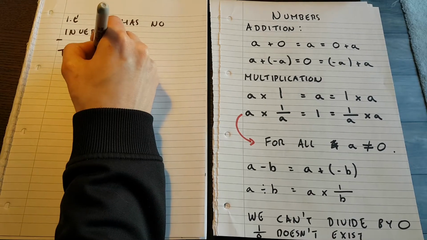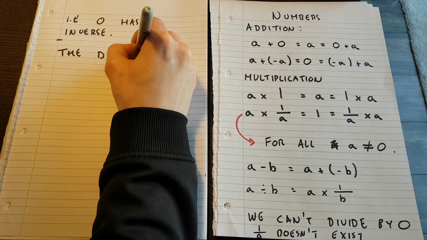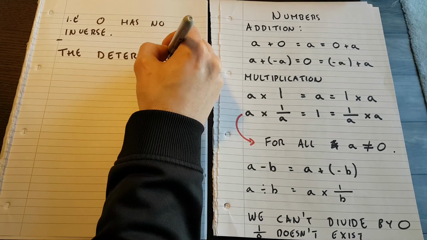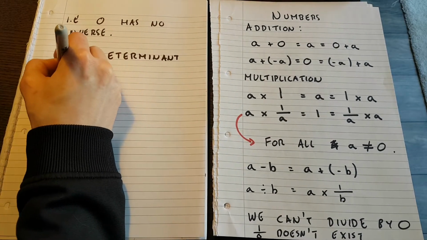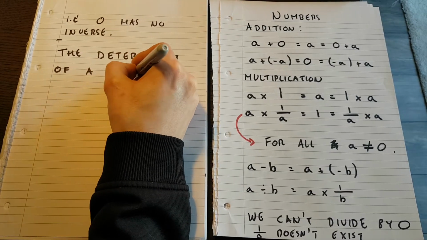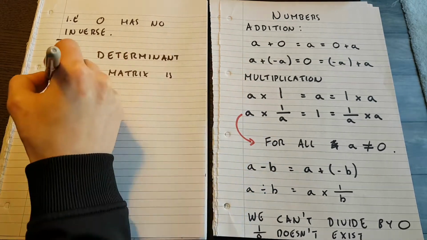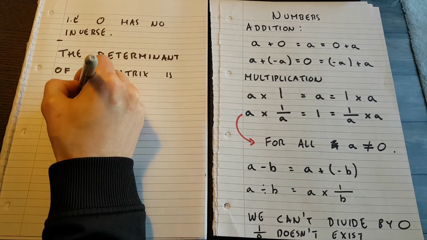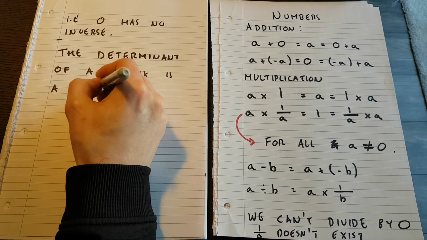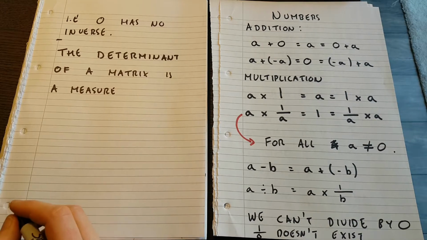So the determinant of a matrix is a measure. It's more than that actually, but in this context it's perfectly fine to limit our scope to this.